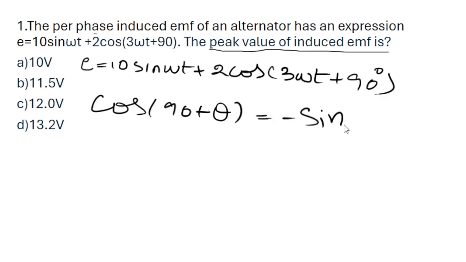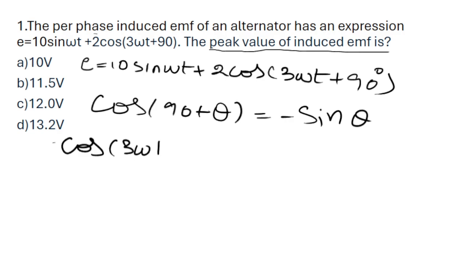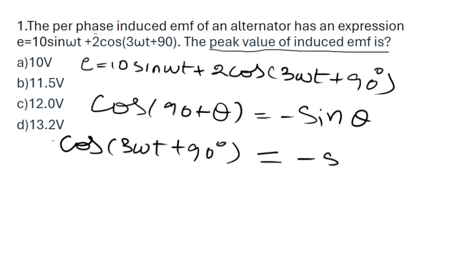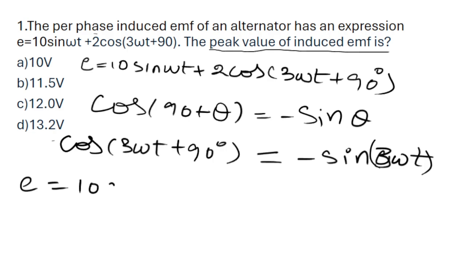It is same as that of cos 3 omega t plus 90 degrees is equal to minus sin 3 omega t, right? So, when we substitute minus sin 3 omega t in place of cos 3 omega t plus 90 degrees, the expression becomes E is equal to 10 sin omega t minus 2 sin 3 omega t, right?